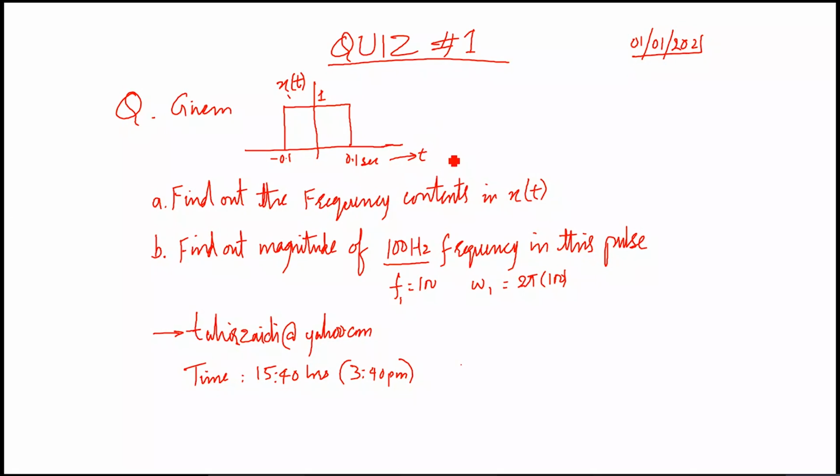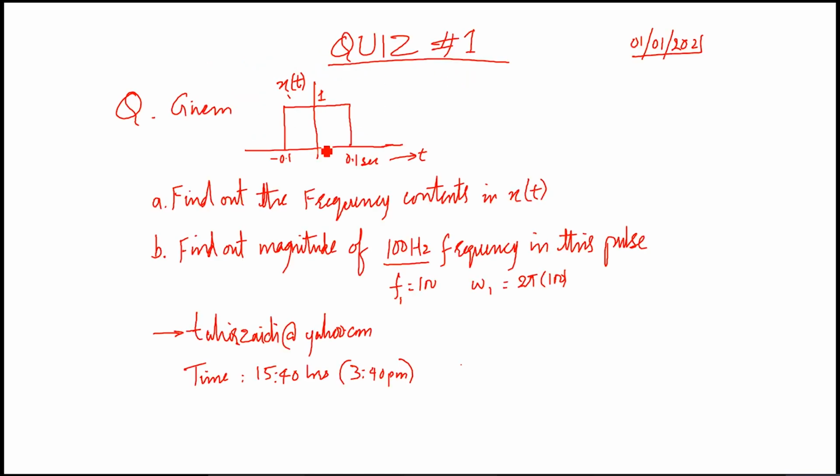Let's do this. X(j omega) is just going to be the integral from minus infinity to infinity of x of t e raised to the power of minus j omega t dt. Simply this. If you see the values here, it is from minus 0.1 to 0.1 seconds.